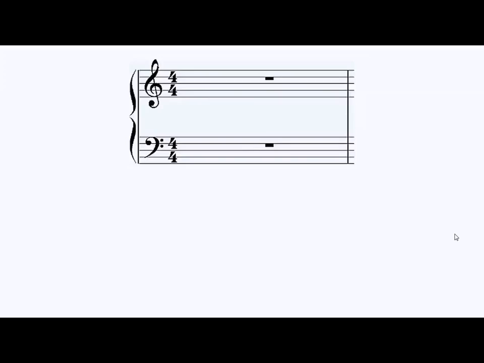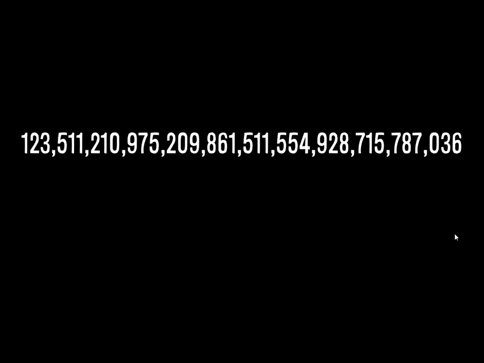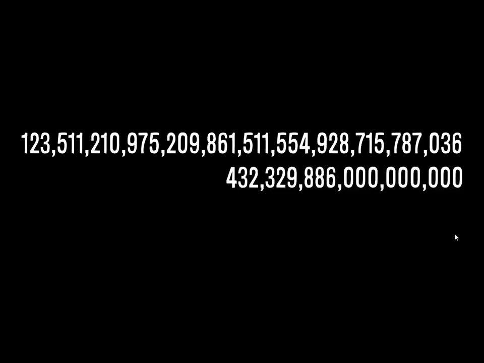Now, given a single measure containing any combination of whole, half, quarter, eighth, 16th, or 32nd notes, she calculated that there would be this many possible unique measures, which is a smaller number than we had before, but to put it in perspective, this is how many seconds old the universe is.